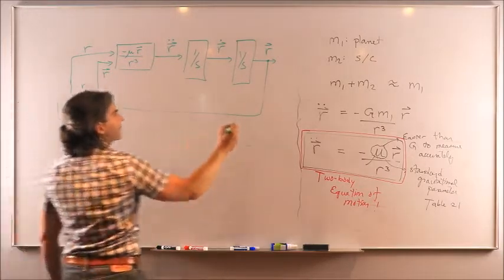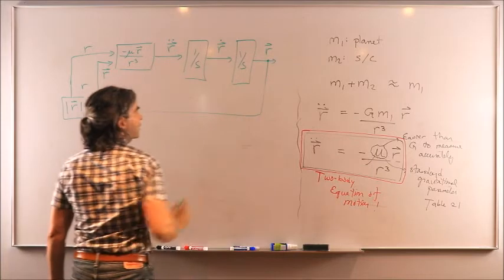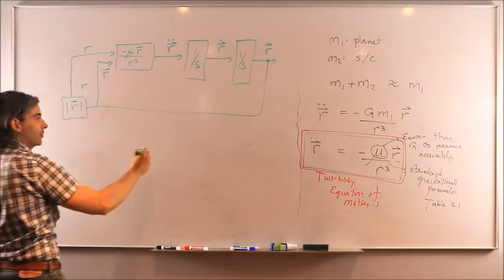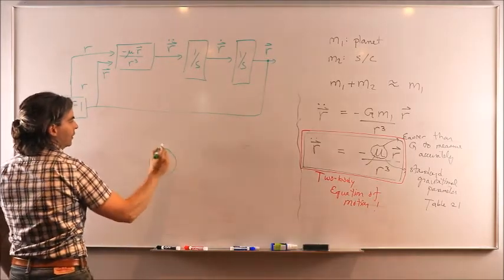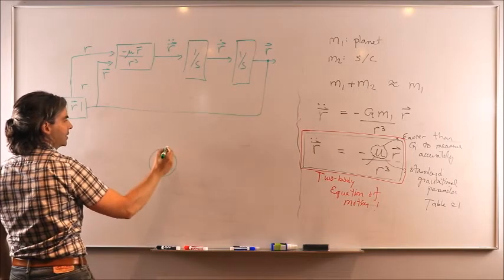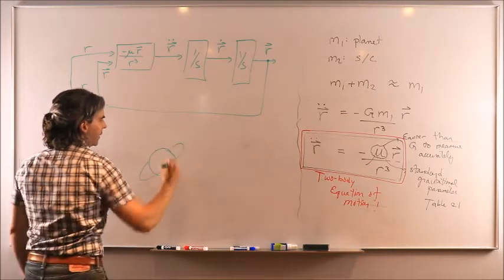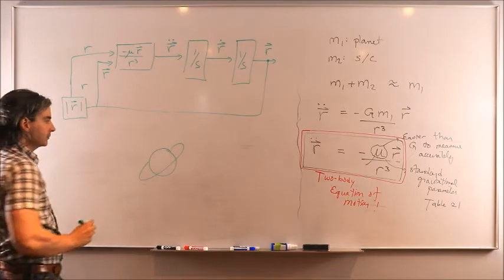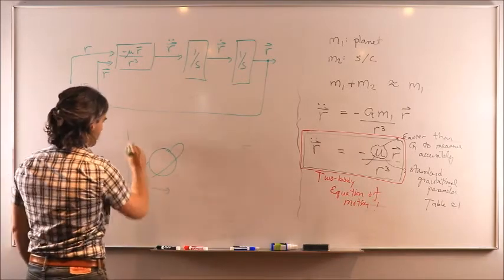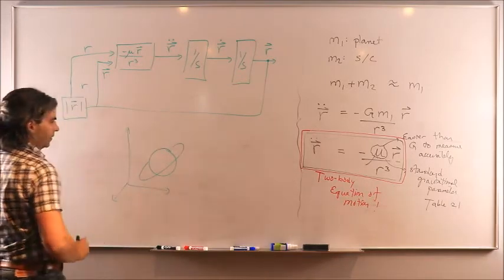And then if you were to plot the x, y, z components of this position vector on a 3D plot in MATLAB Simulink, you would see an orbit. Okay? 3D plot in MATLAB.